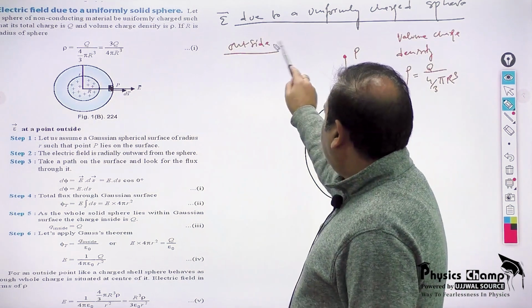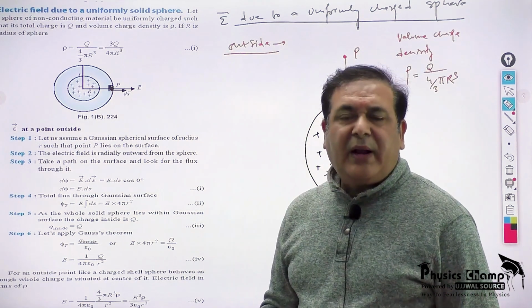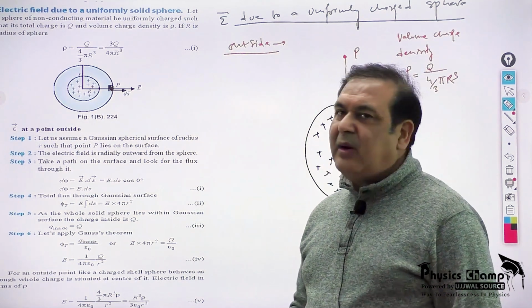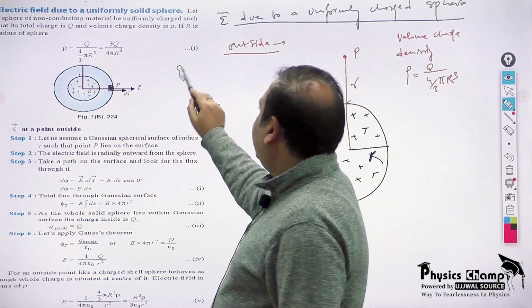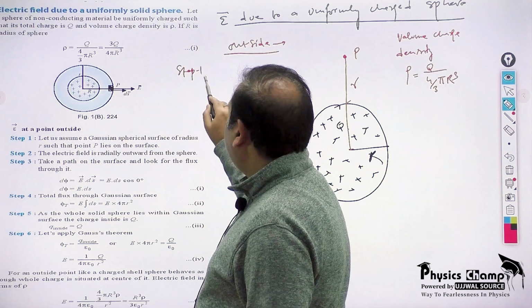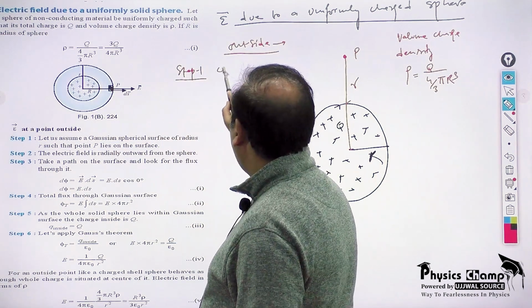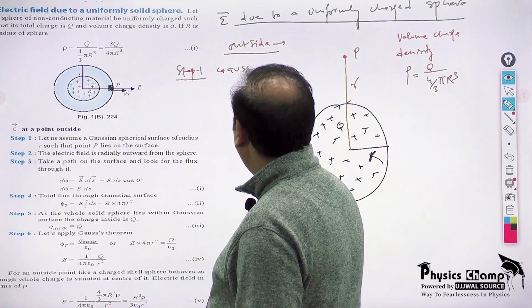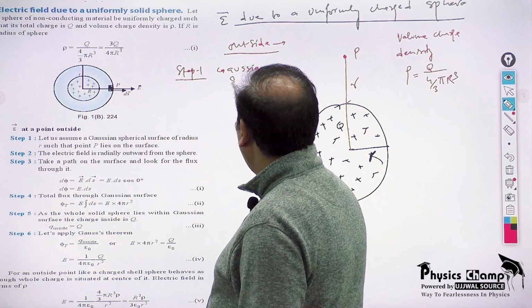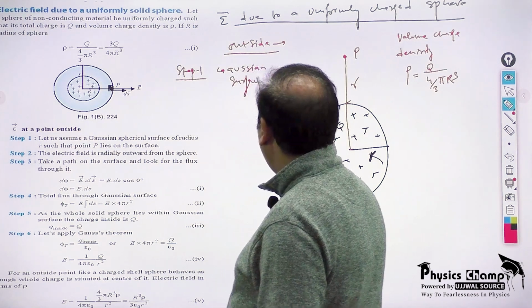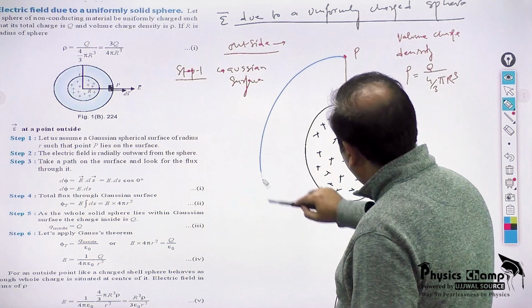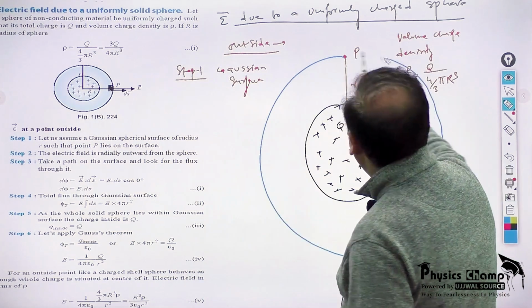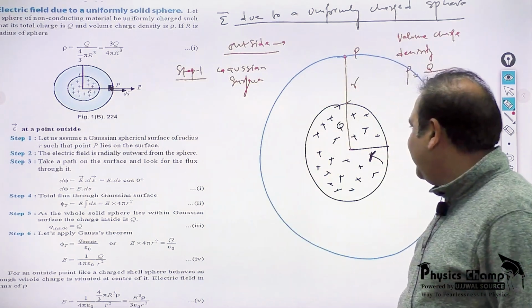So again I come back to my expression, I want electric field and potential outside. So for that, step 1, you know very well, assume a Gaussian surface. Now the Gaussian surface would be a sphere of radius small r.